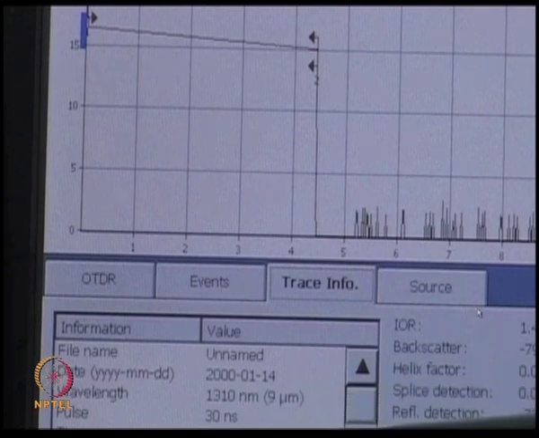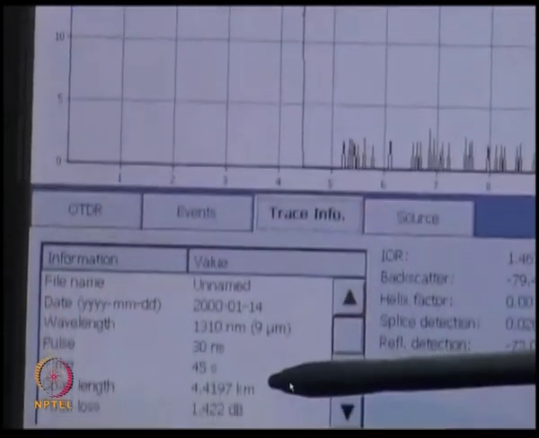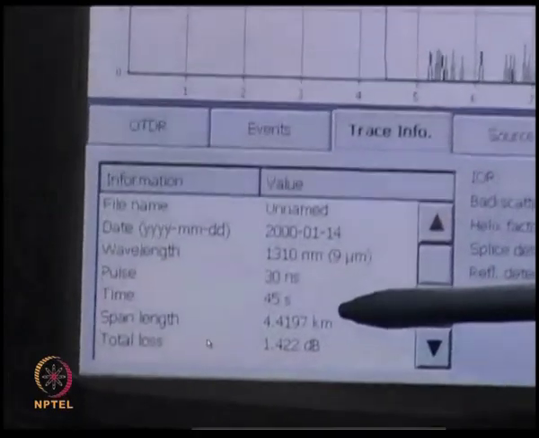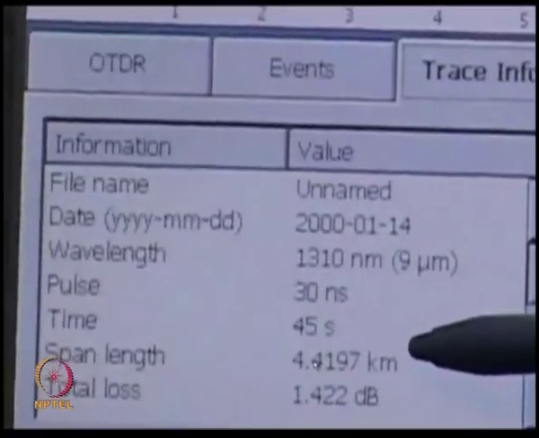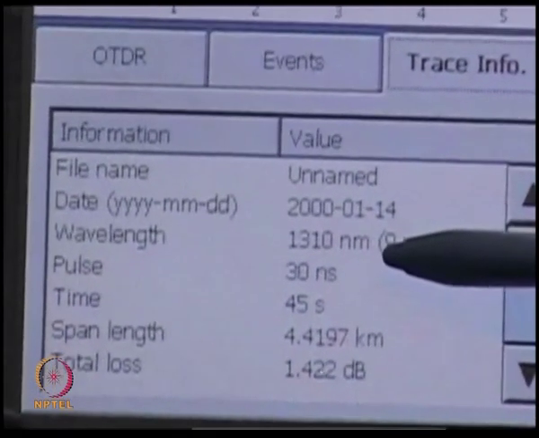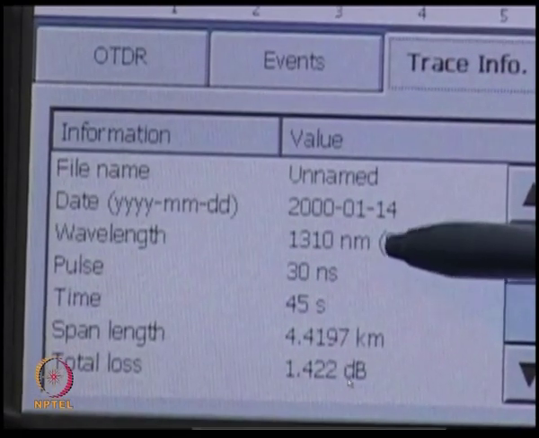So these are the parameters which are used. The pulse width is 30 nanoseconds. The time taken is 45 seconds. The span length or the length of the fiber is 4.4 kilometers, and the total loss on the optical fiber is 1.42 dB.